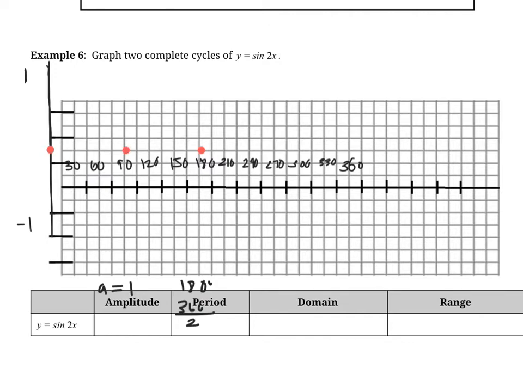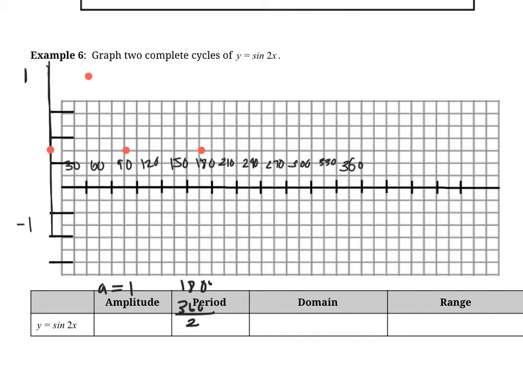And now we're ready for our quarter marks. In the middle of 0 and 90, it's going to hit its maximum value, which in this case is 1. The middle of 0 and 90 is 45, which is exactly in between 30 and 60. So we're going to put a dot at 45. And we also know it's going to hit its minimum value in between 90 and 180, which is at 135.